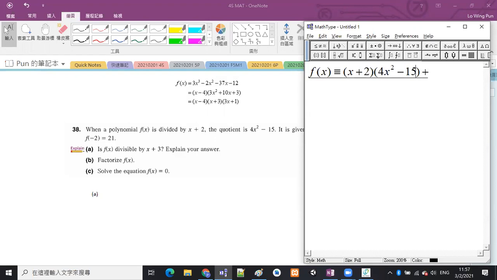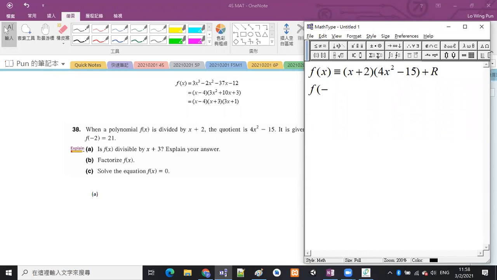Again, the degree of divisor is 1. So the degree of remainder will be 0. It means that the remainder is just a constant r. Okay, no x term in the remainder, right? And it is also given that f(-2) is equal to 21.